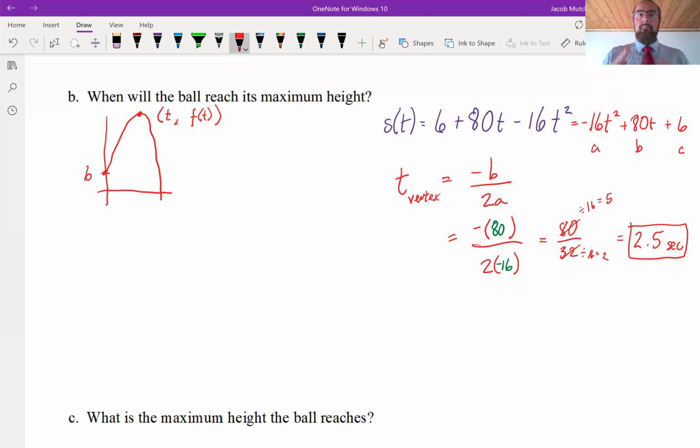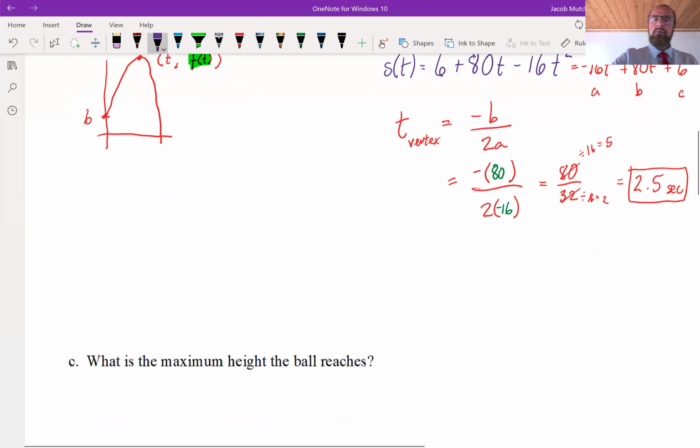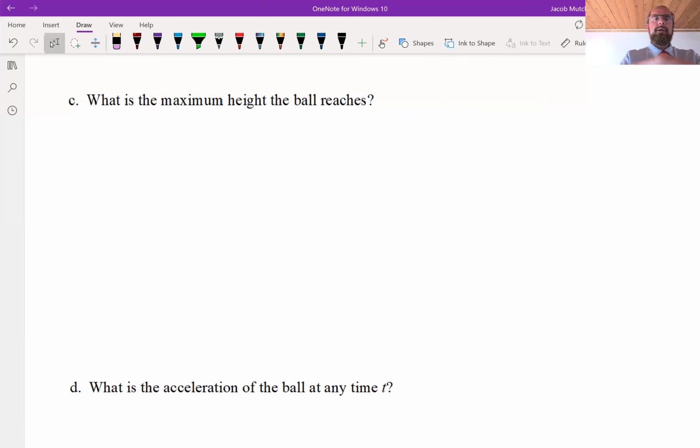So then that brings the next question, what's the maximum height? So again, we've already anticipated that maximum height, I'll just highlight it here in green, is the y value when I plug in 2.5 into the position function. So we can do that. So we'll zoom down here to part C. What's the maximum height the ball reaches?